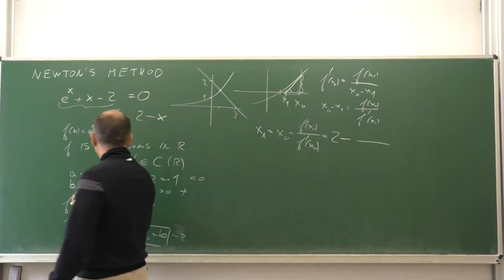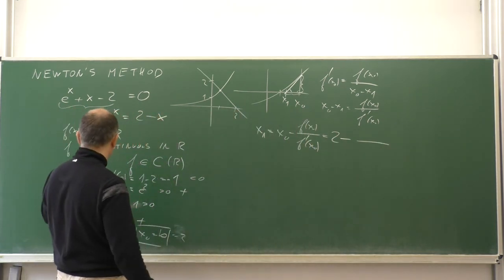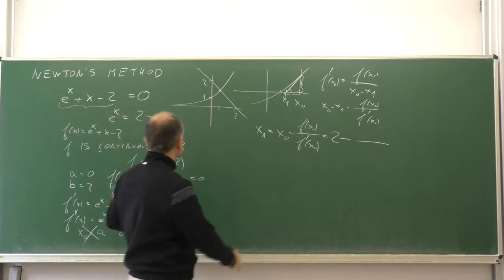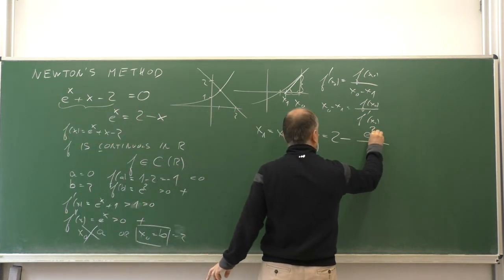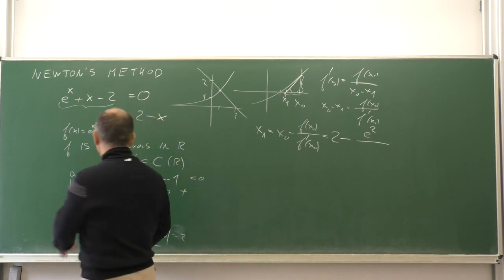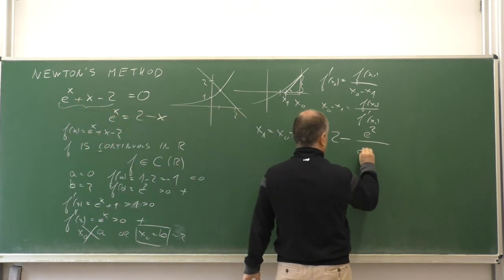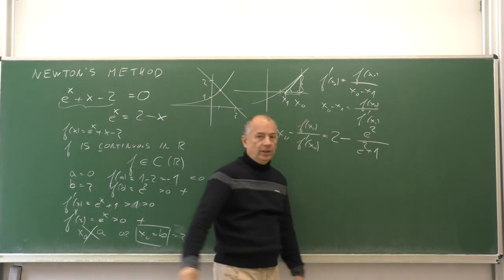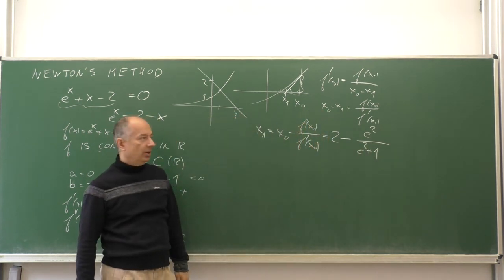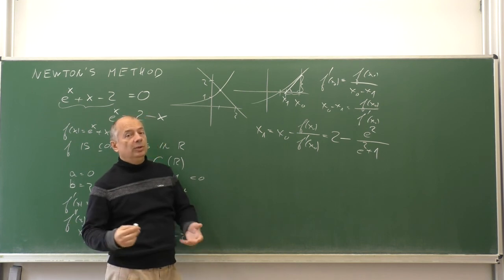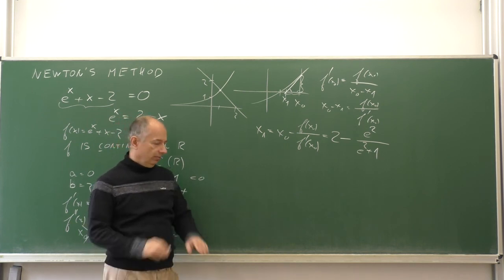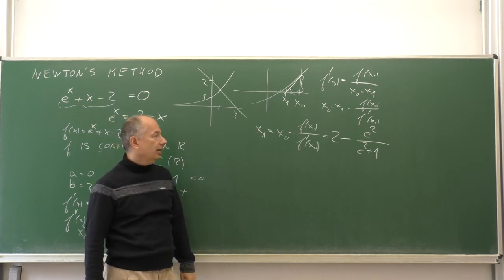Function value at 2 is e squared. And the derivative at 2 is e squared plus 1. And that's it. This is the next approximation. For the purpose of the test in mathematics, this is perfectly okay, and this is all.